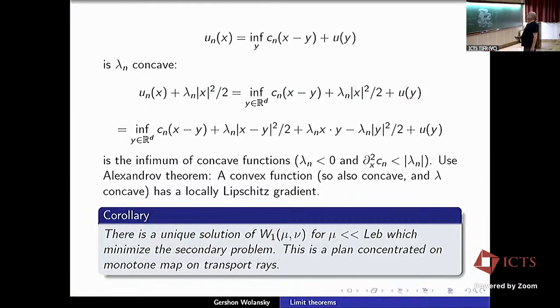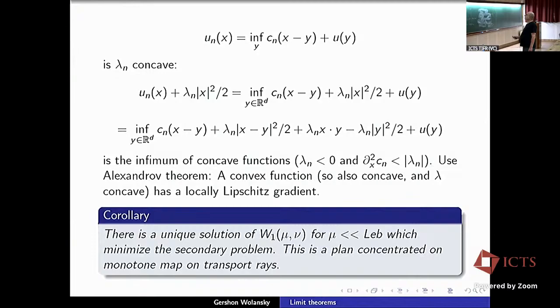Why is u_n lambda concave? Because if you add this quadratic cost here, and we write its definition here, we can open the brackets and write it like this, and you see this is a linear function.